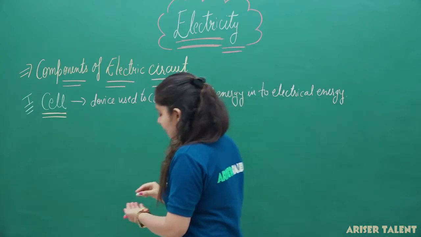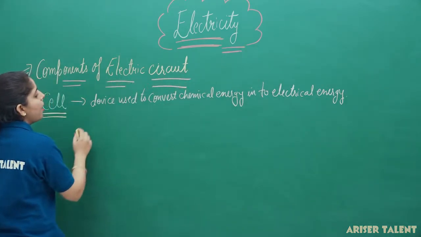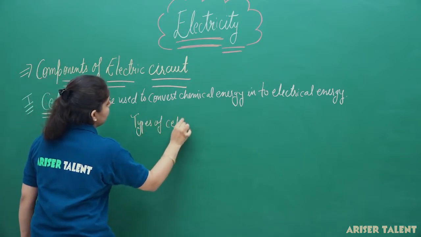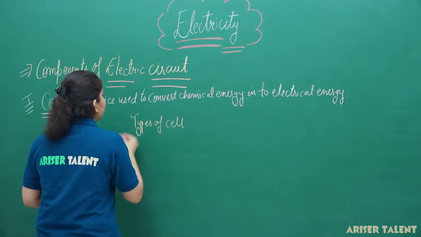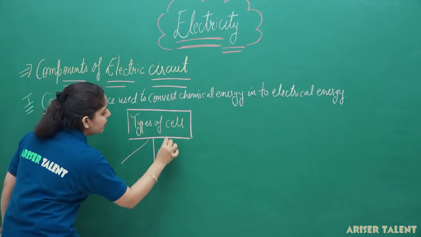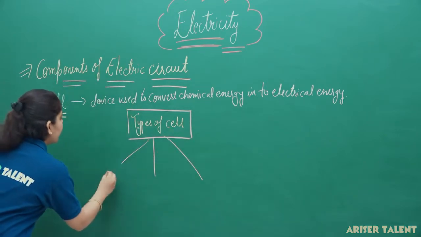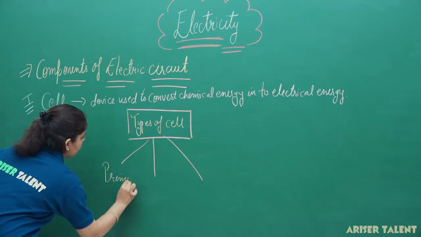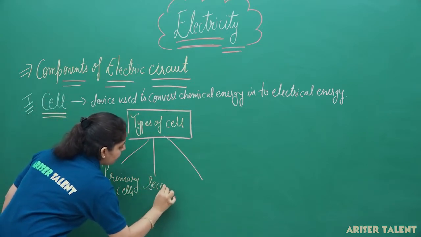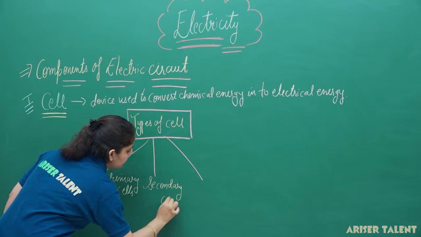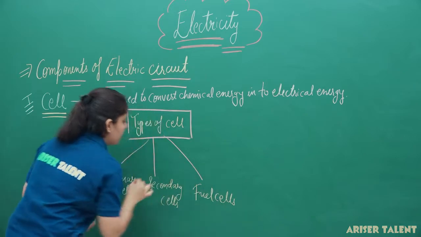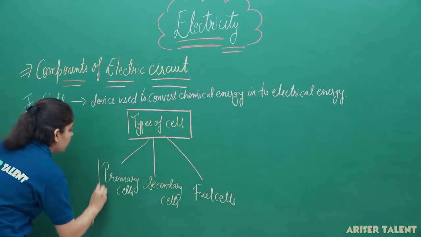So, this is simply a cell, and if I am talking about the types of cells, basically a cell will have three categories, that is primary cells, secondary cells, and the third thing is fuel cells. So, these are the three categories of cells we have.